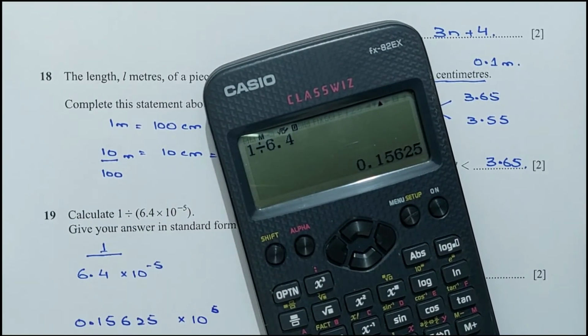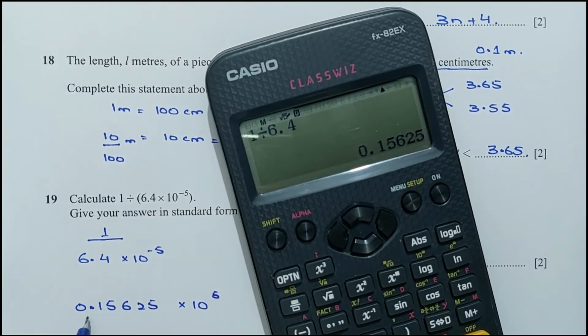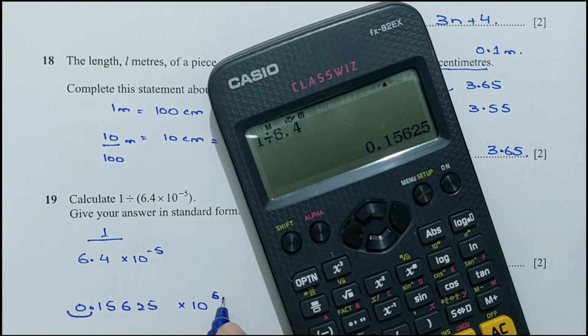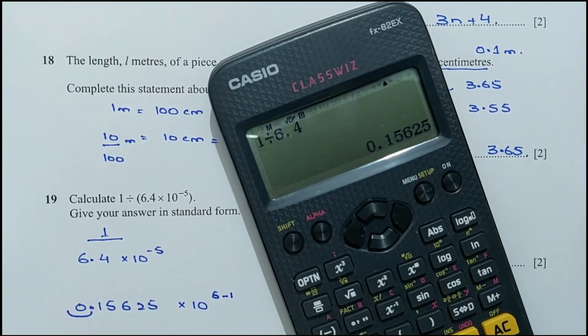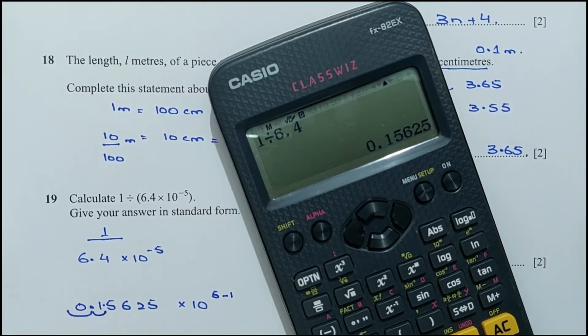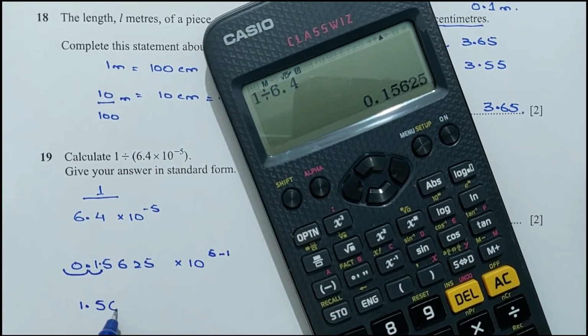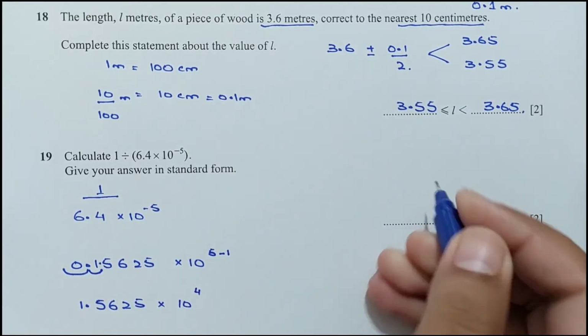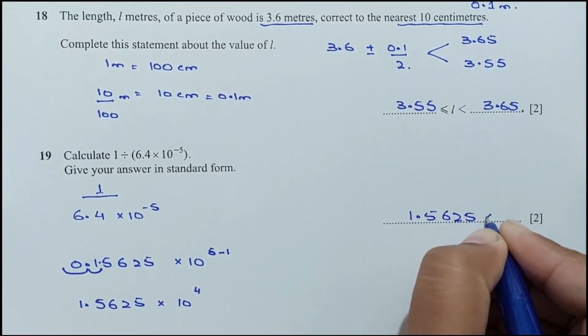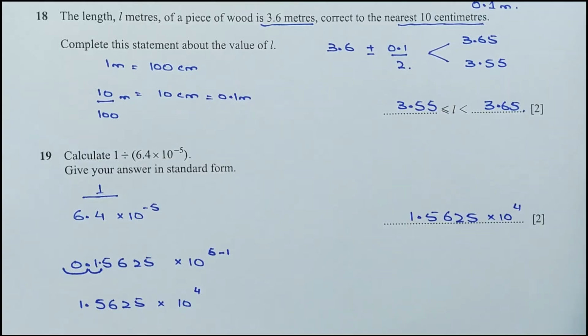Now if I move this decimal point 1 unit to the right, we have to subtract 1. Sorry, not left, we are moving to the right. So 1.5625 times 10 to the power 4. When we are moving to the right, we are subtracting, yes. So in standard form, it is 1.5625 times 10 to the power 4, right?